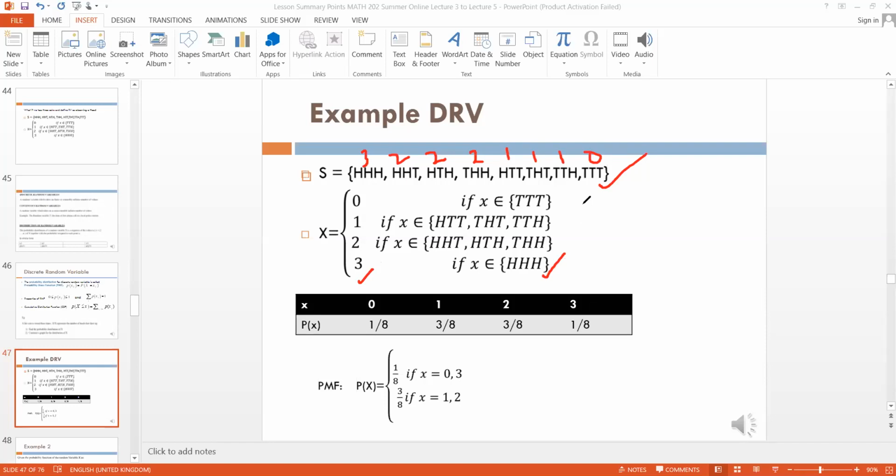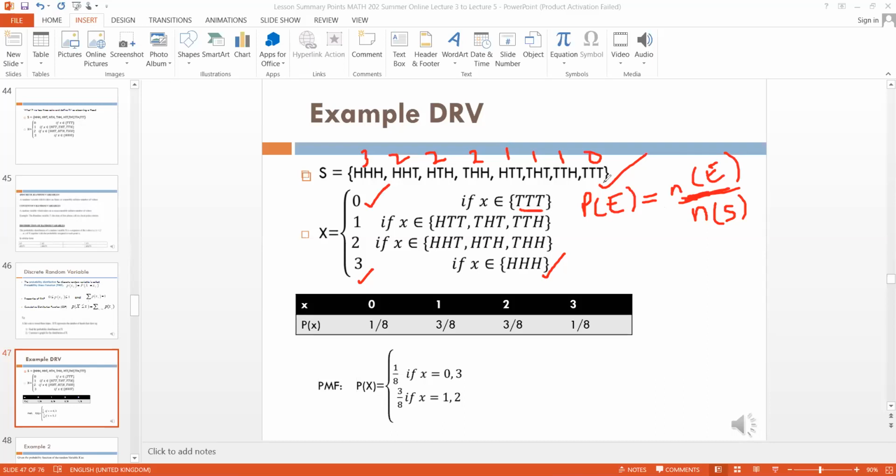And then now, how do we get the probabilities? We said the probability of an event E is equal to the number of outcomes in the event over the number of outcomes in the sample space. If that is the case, then the probability of the outcome X equals 0 will be how many outcomes of this event type do we have in the sample space?